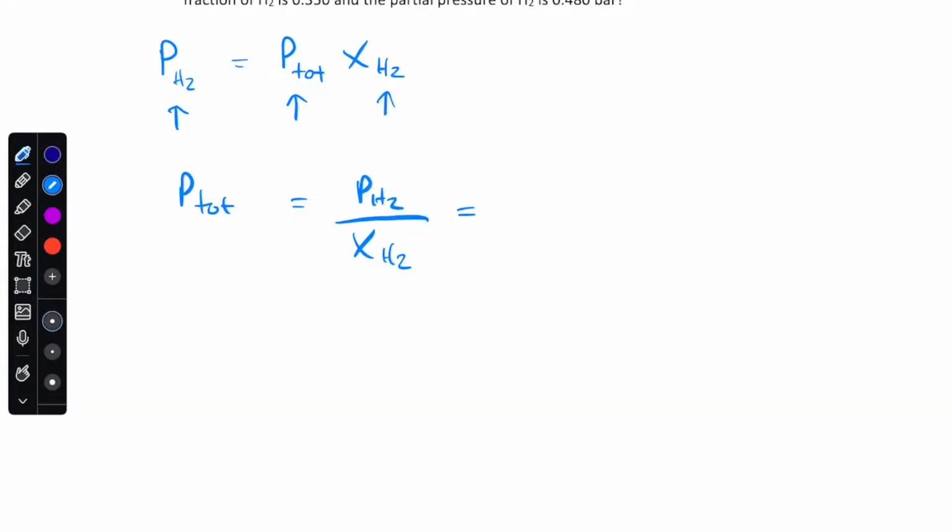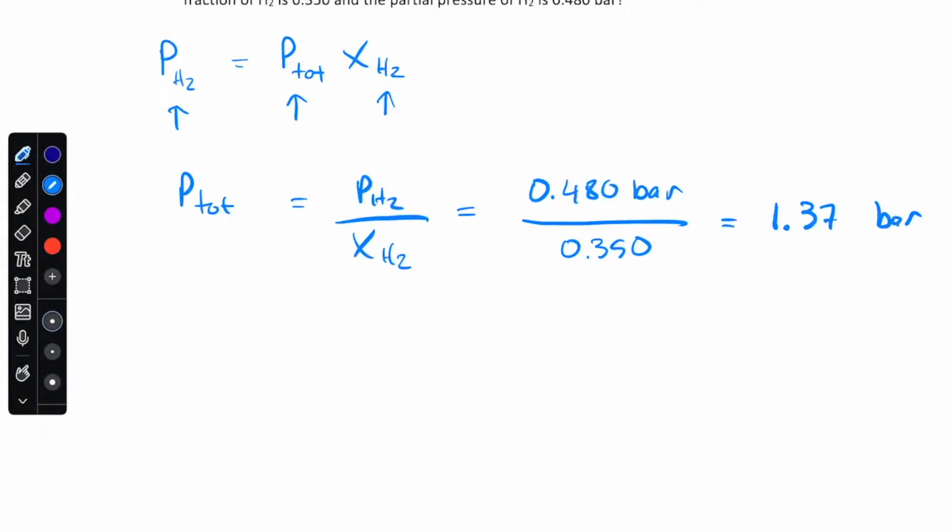Our partial pressure is 0.480 bar over 0.350, which is the mole fraction, which has no units. It's not too bad.